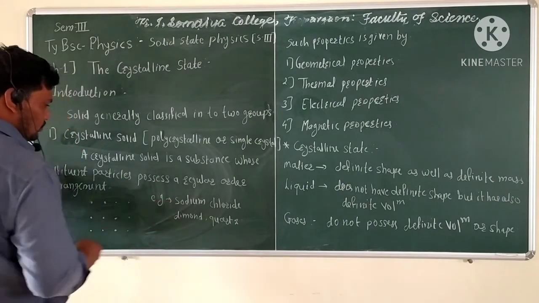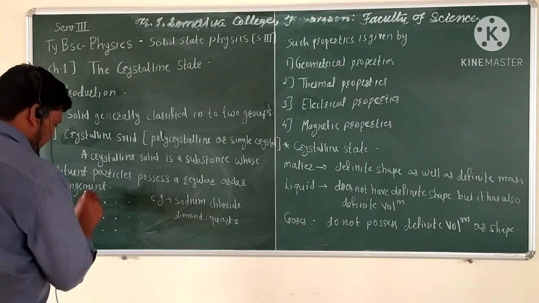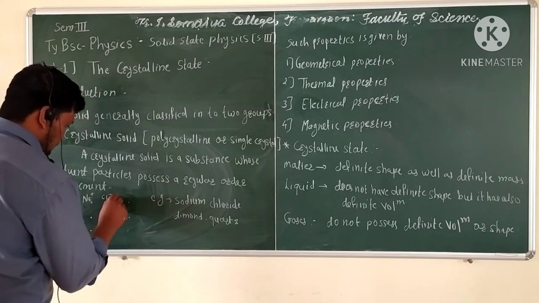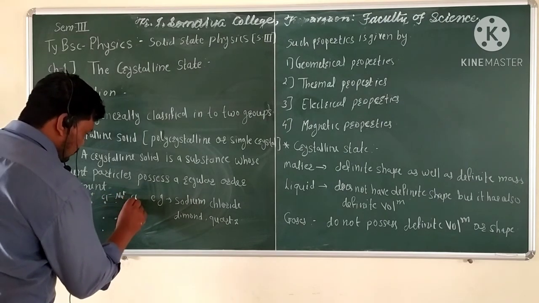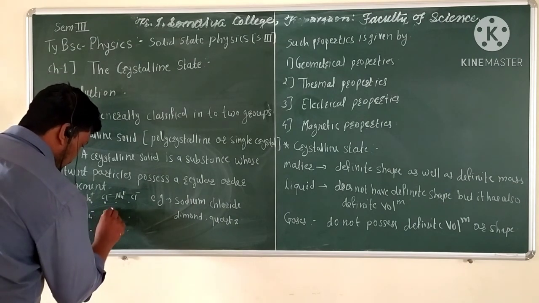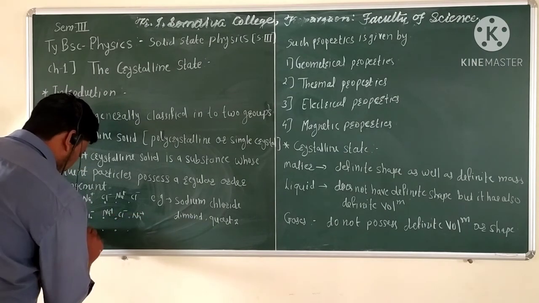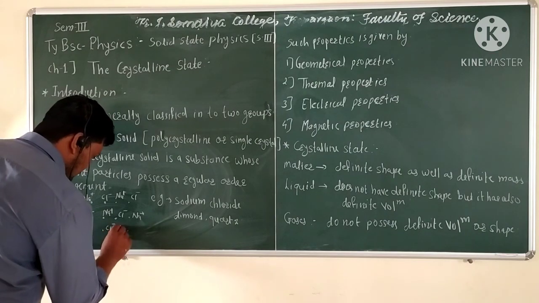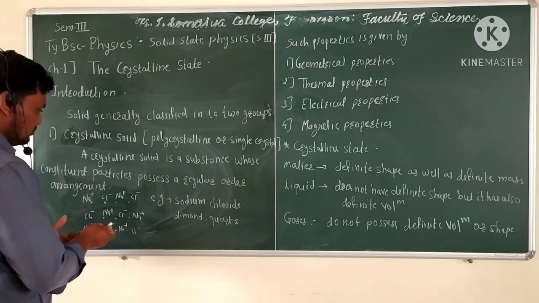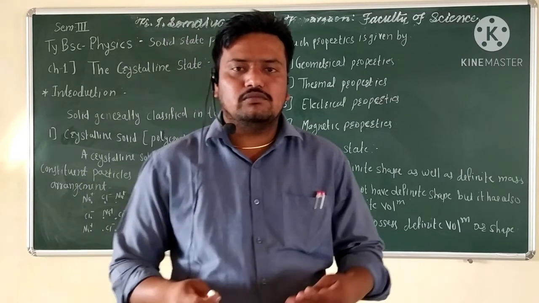So sodium chloride is given by, for example, this Na plus, this Cl minus, again Na plus, Cl minus, Na plus, Cl minus. So this is the compact arrangement of the matter, molecule, or atom.